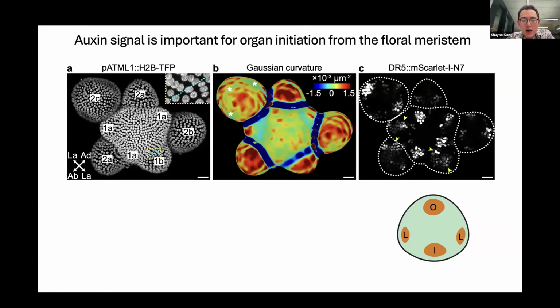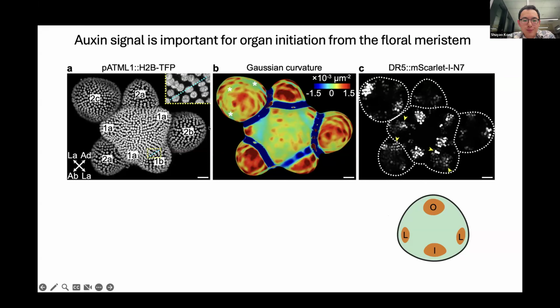As you know, auxin signal is very important for plant development. I also study sepals. Sepals are these structures that grow from the floral meristem. As you can see, this is a picture of the Arabidopsis inflorescence meristem from which the floral meristems develop.